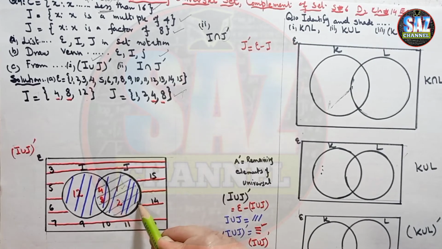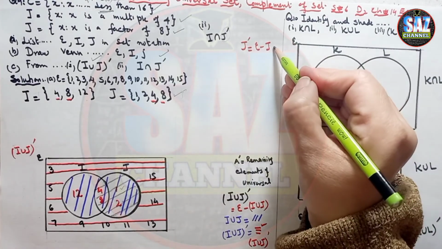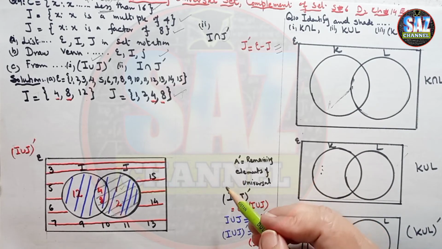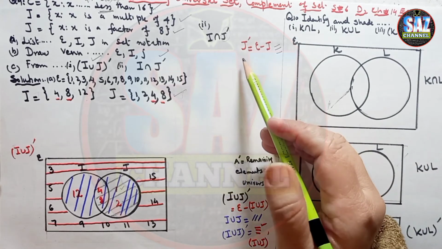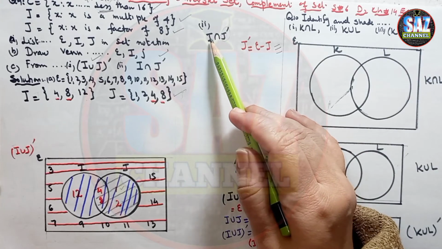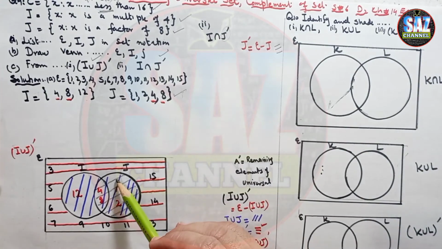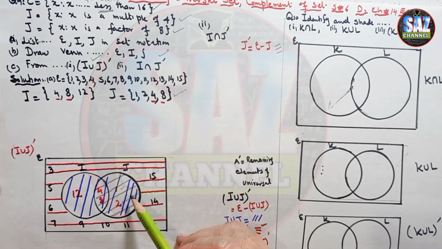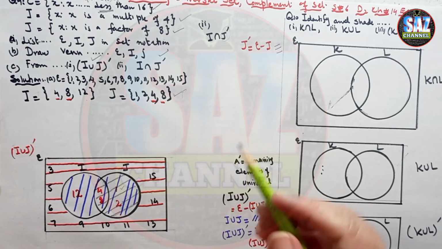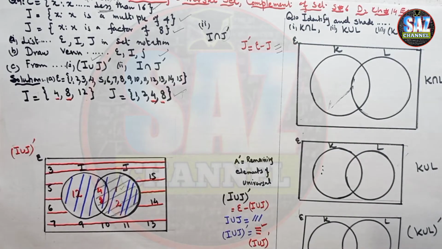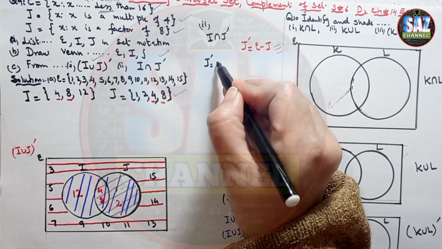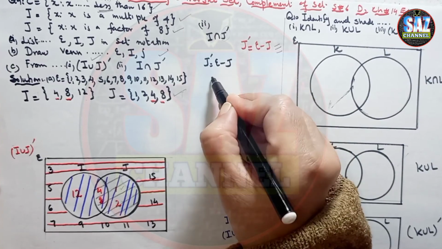So these gray lines are showing j complement, and now I have to take the intersection, which is common, of j complement with I. Now I do not have to take j with me, so the j complement will have the elements universal minus j. If you find any difficulty, you can write it in this way so that you can understand what elements are coming in universal minus j.